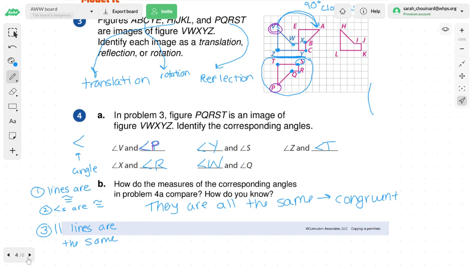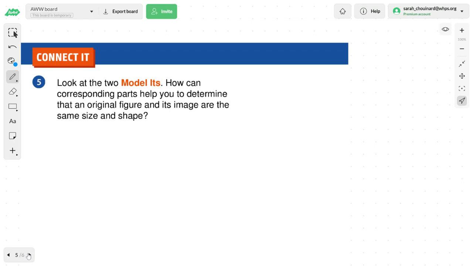So let's finish up on the bottom of page 10. In the last two problems, how can corresponding parts help you to determine that an original figure and its image are the same size and shape? So we basically want to see that they should all be equal.